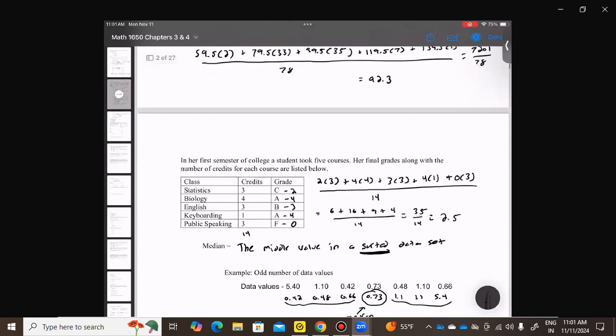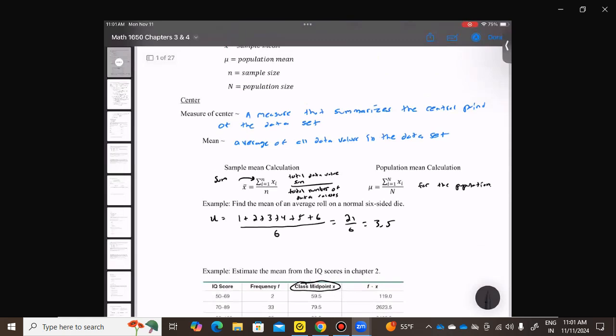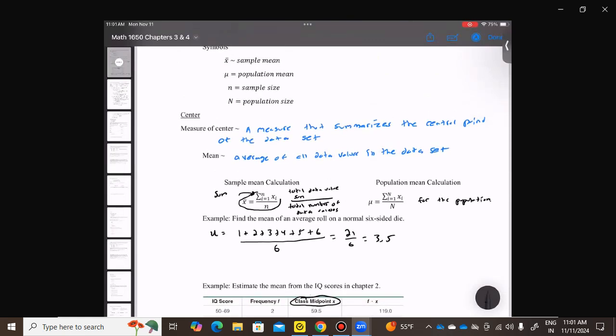One, our average takes into account every value. Because of that, if we have outliers that are either really small or really large, that average can be pulled maybe too high than it should be.